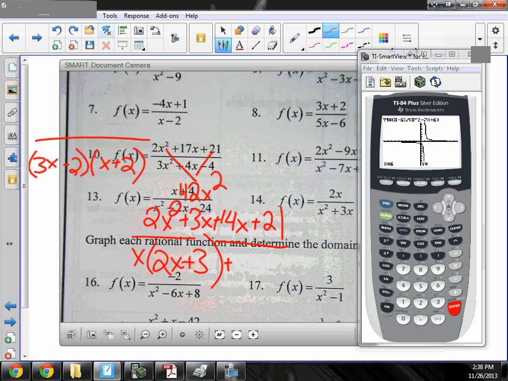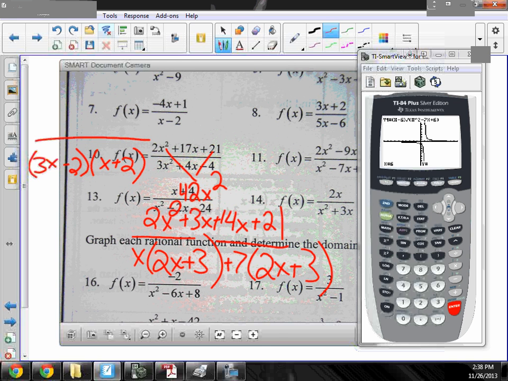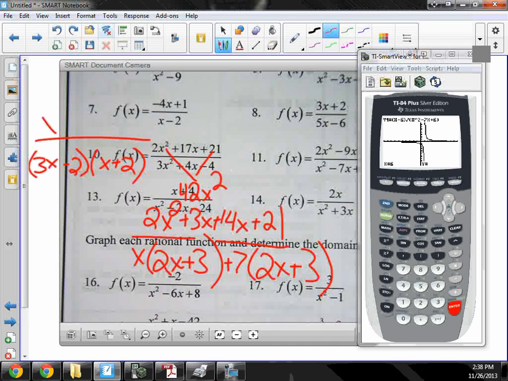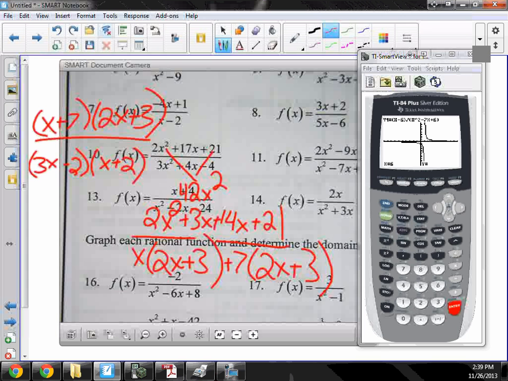So plus 7, 2x plus 3. 2 does not go into 21. So my factors are x plus 7 and 2x plus 3. Does anything cancel? No, but we will use those, the top values, to find our range. Well, kind of. You'll see tomorrow, or Monday.